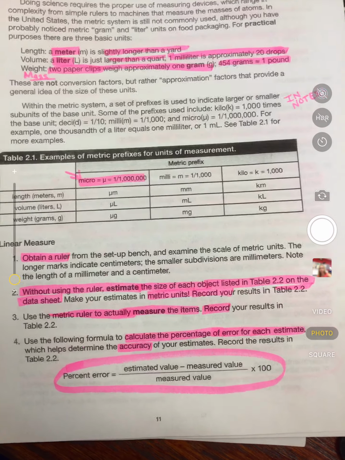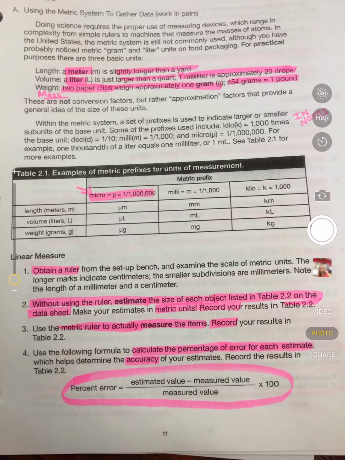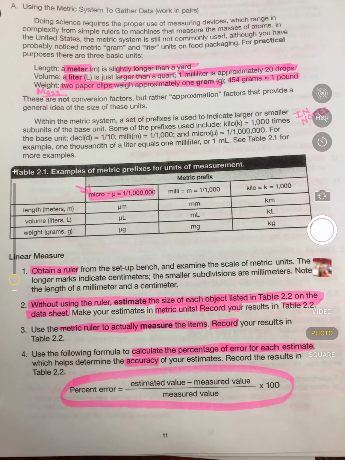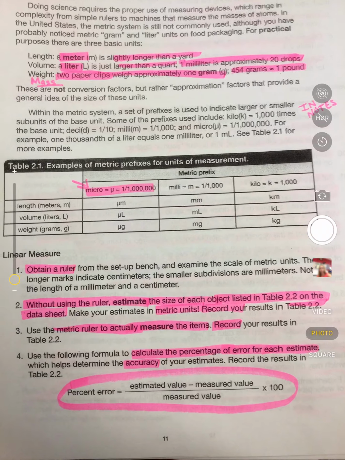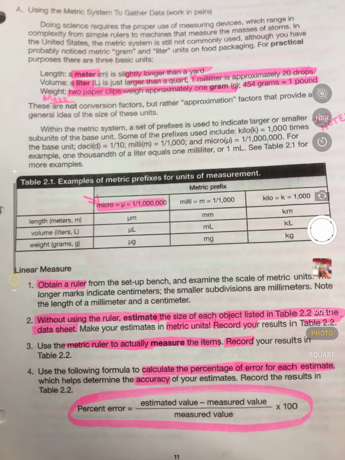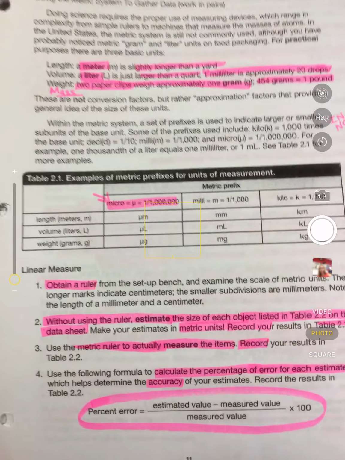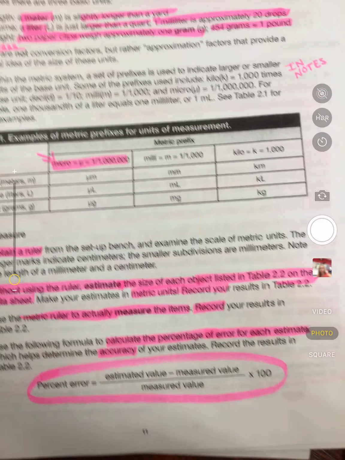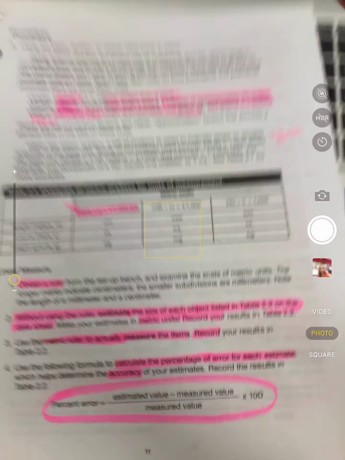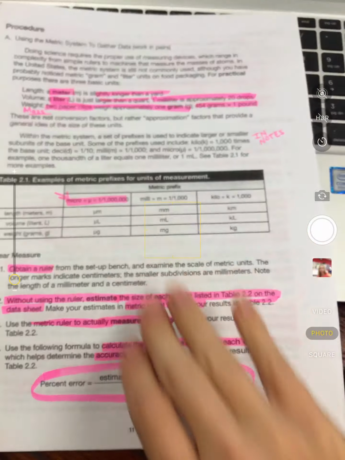And then step 4 is you're going to use this formula to calculate the percent error for your estimates, and that's looking at your accuracy of estimation, which is your estimated value minus your measured value divided by your measured value times 100. So you'll do that, but you can do the math after you get all of your measurements done. That way you can make sure you use your class time wisely to get everything done you need to complete.